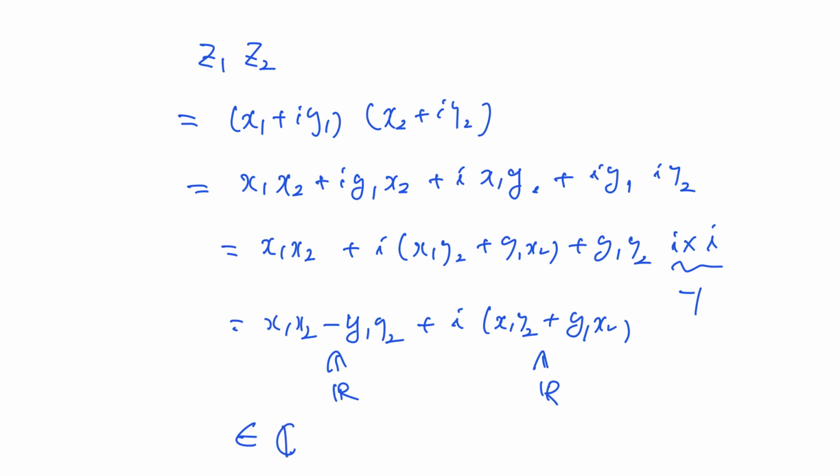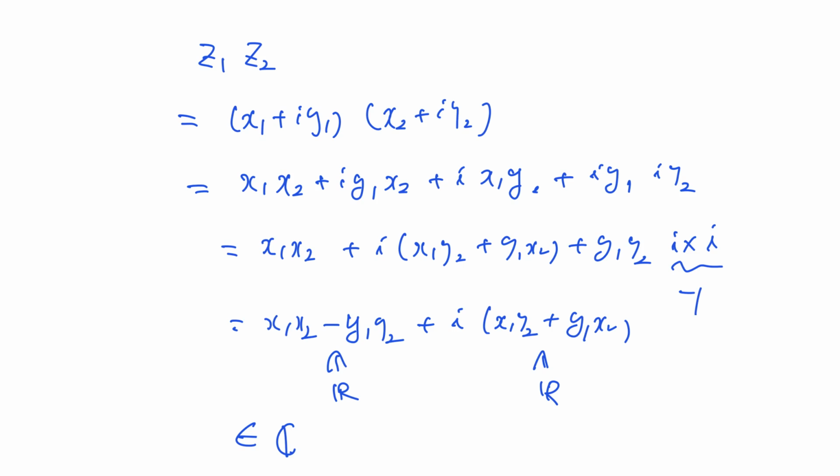So we found that you can define the multiplication for two complex numbers, and the resulting operation gives also complex numbers. So at least the complex number system is closed under addition, multiplication, and subtraction.